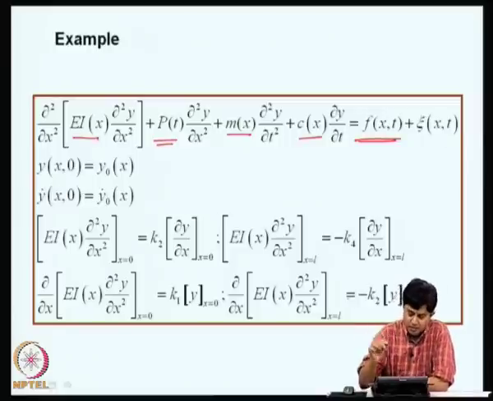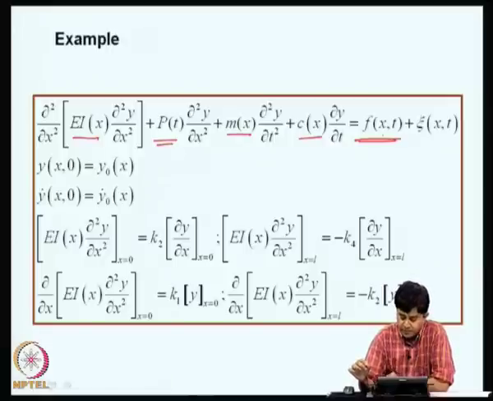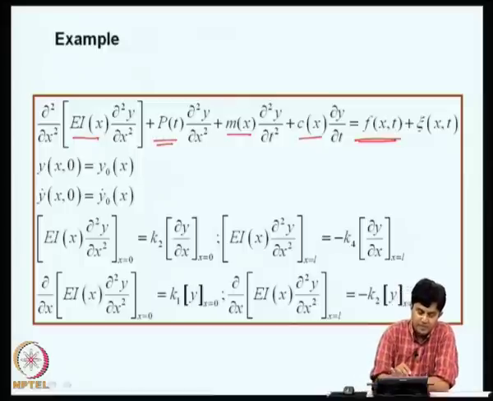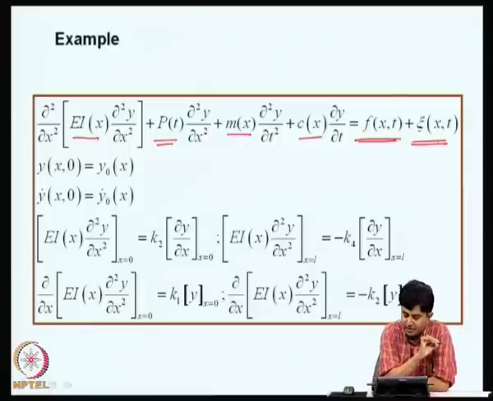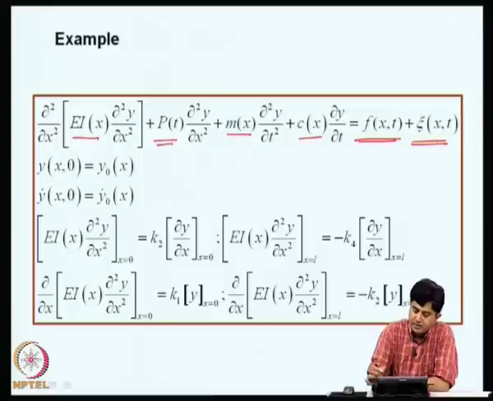Now, the load f of x comma t could be, for example, wind load, and this can be random in nature, it can vary randomly in space and time. The parametric excitation could be random. This psi of x comma t is a quantity that represents modeling error, and this also could be randomly varying in space and time.